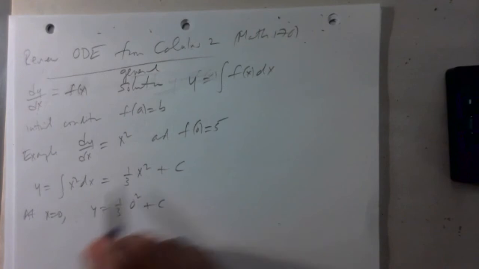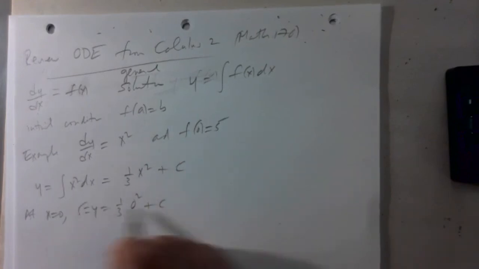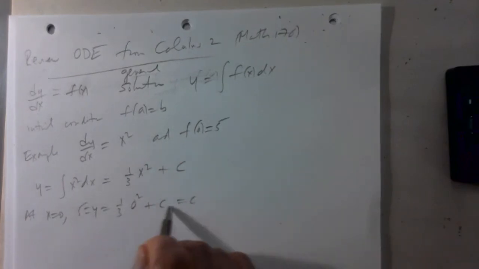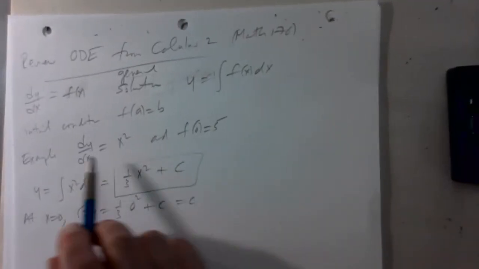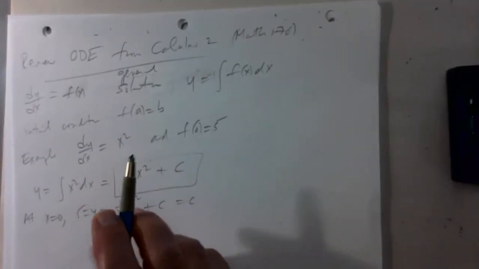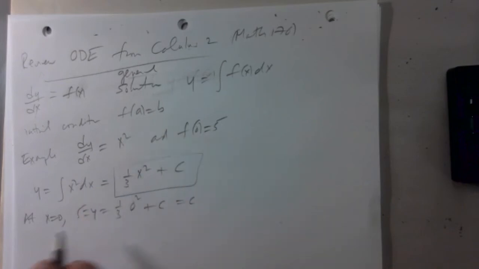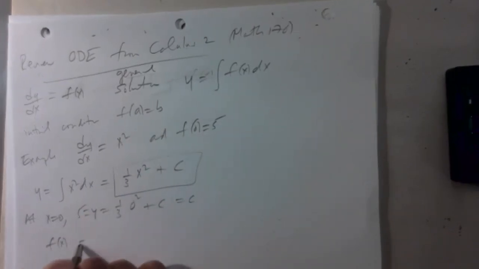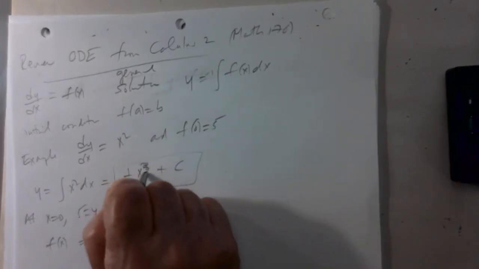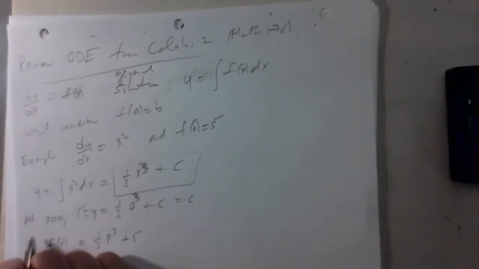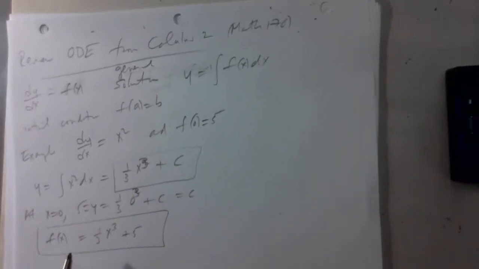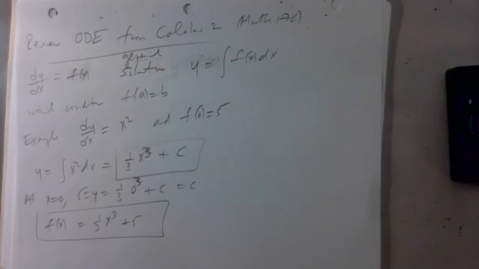But at x equals 0, y is equal to 5, and this is equal to c. So c is equal to 5. So this is the general solution of this differential equation. And the particular solution that satisfies this initial condition is f of x equals 1/3 x cubed plus 5. So this is the particular solution of the differential equation that satisfies the initial condition.